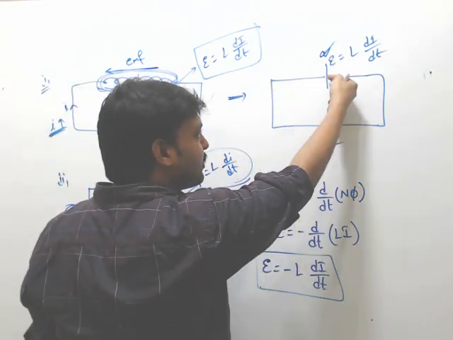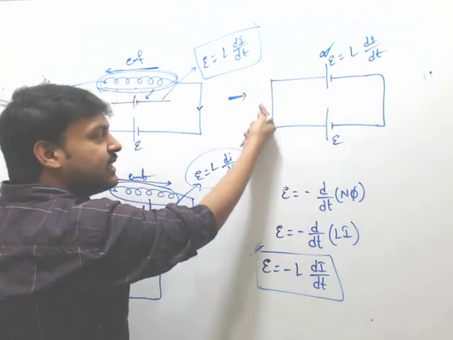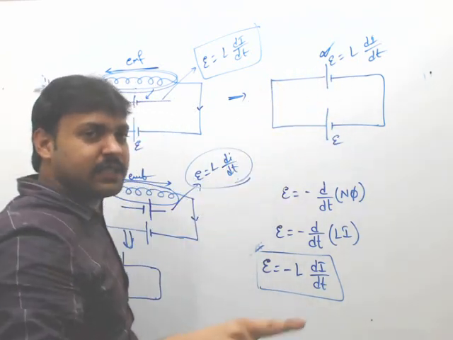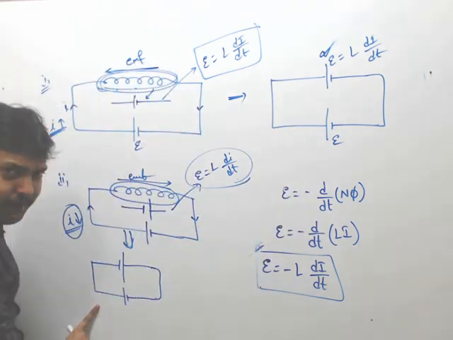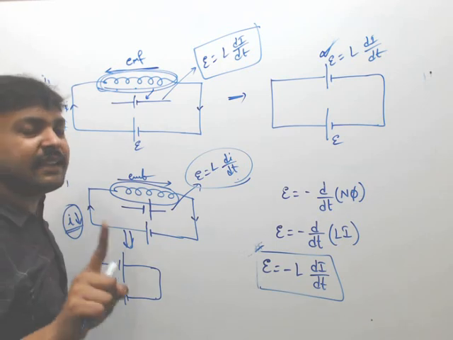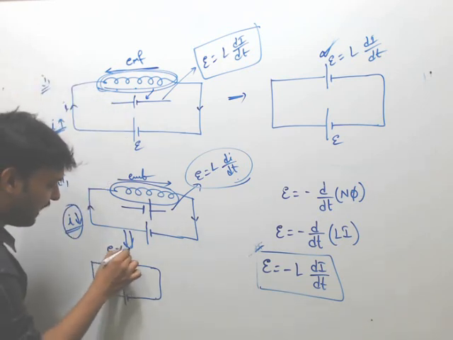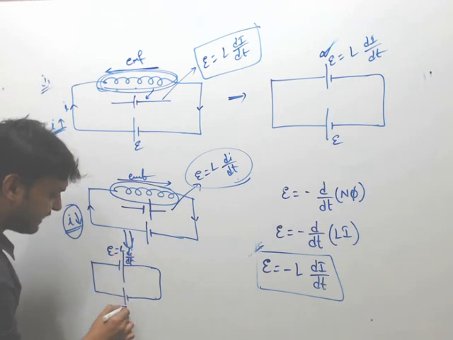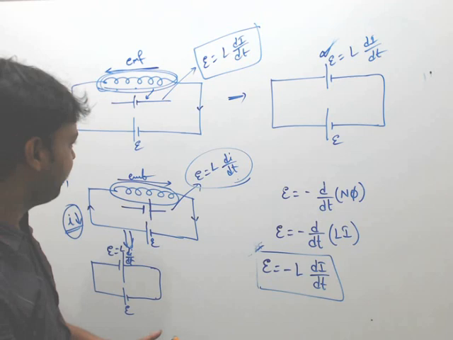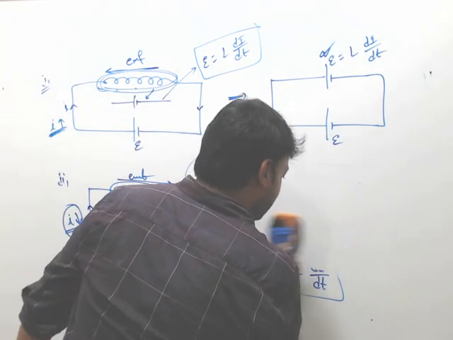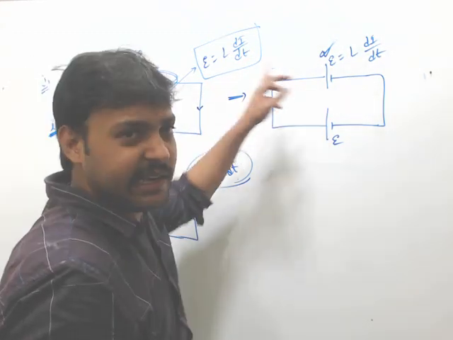Because it is not supporting. The current is coming in this direction, and here the current is coming in that direction. Both are opposite in direction. This is the opposing case and this is the supporting case, if you want to calculate the net EMF. So this is E equals L di by dt and this is the source. Okay? Try to see the concept of how to replace an inductor with a battery.